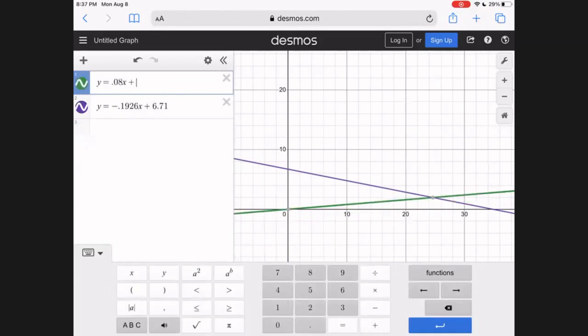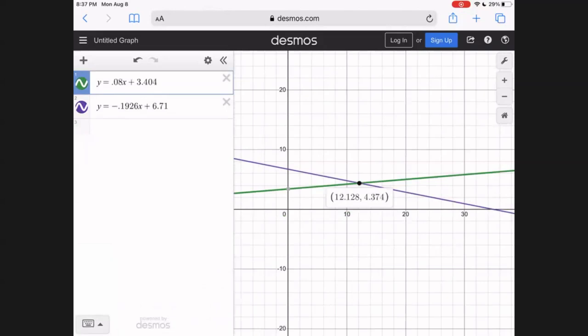So this is plus 3.404. Okay, much better. So we see here that this intersection is at 12.128. So that is where, so the first value, that is the equilibrium quantity. The price would be the y value, okay, the equilibrium price.